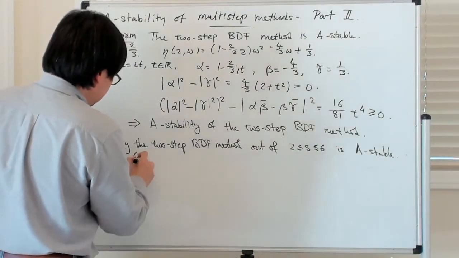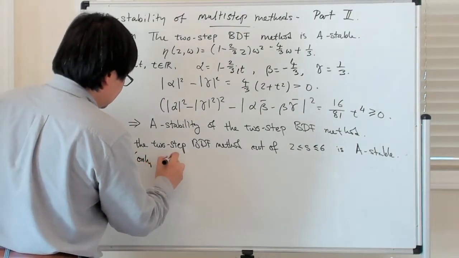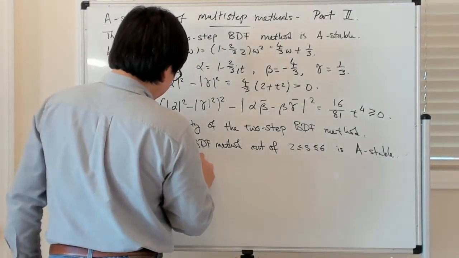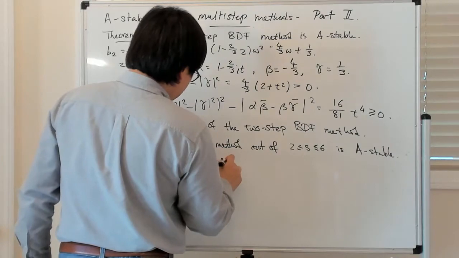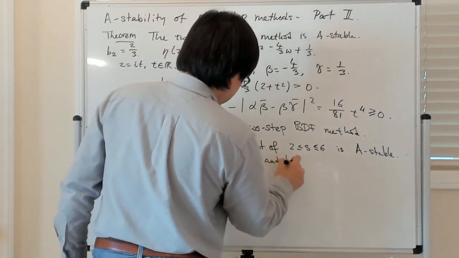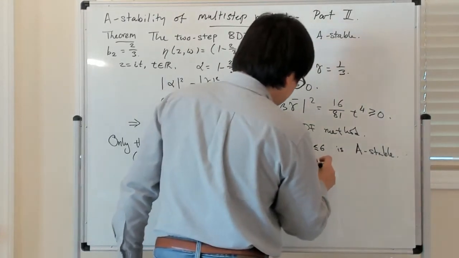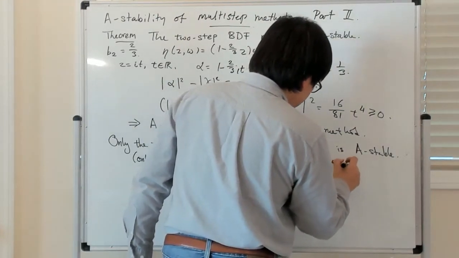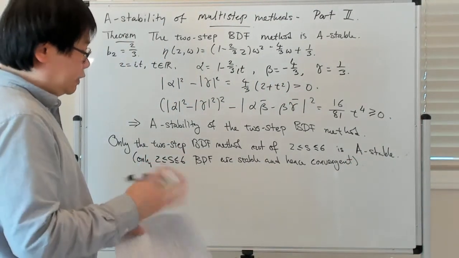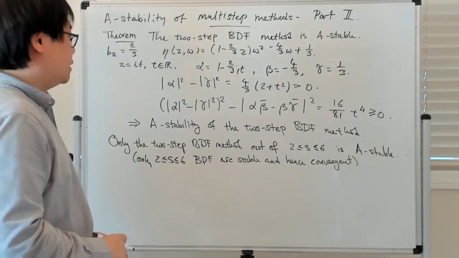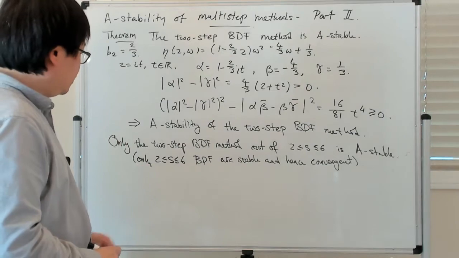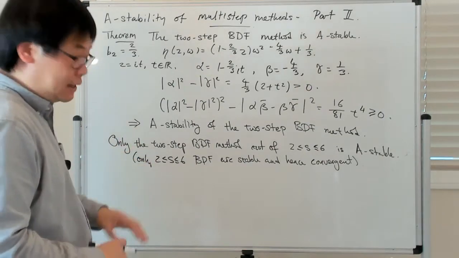So only s between 2 and 6 BDF methods are stable and hence convergent. So these really are the only BDF methods which matter, between 2 and 6, including 2 and 6. Okay, and of these convergent BDF methods, only the two-step BDF method is A-stable.